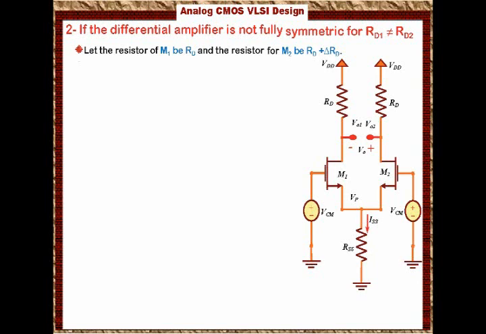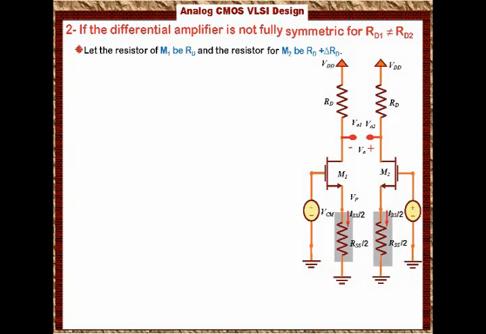We can break this circuit into two half circuits very easily. If you look at this resistor RSS, we know that it has a voltage across it called VB, and the current through it is the current coming from both transistors, where each transistor has ISS over 2. So by breaking the circuit into two half circuits, the first half circuit will have an equivalent resistance of 2 times RSS, and the second circuit will also have an equivalent resistance of 2 times RSS.